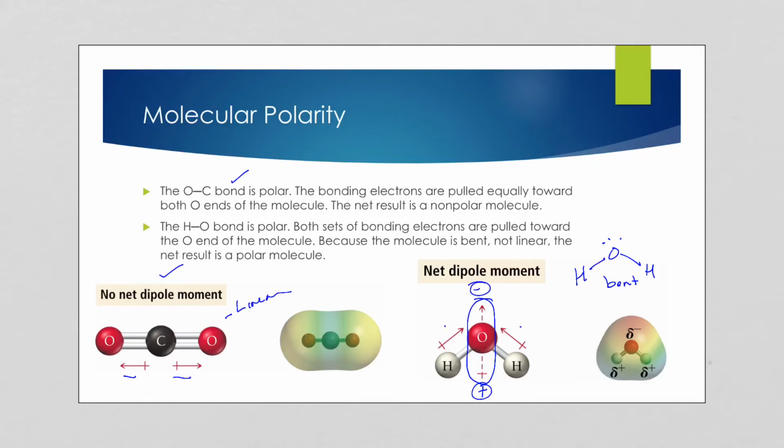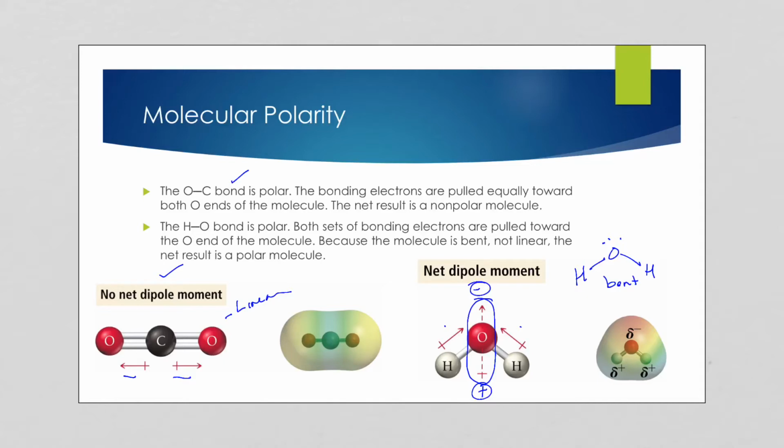Here we have polar bonds, but the dipoles don't cancel, and so we have an overall molecular dipole, and so we have a polar molecule. So CO2, nonpolar, water, polar.